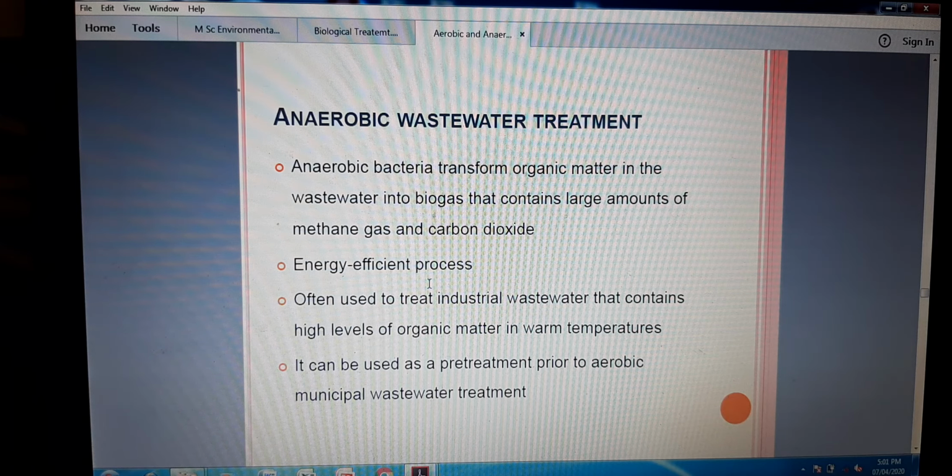It can be used as a pre-treatment prior to aerobic municipal wastewater treatment. Before using anaerobic wastewater treatment, you have to screen the waste through preliminary and primary treatment. Then you can use it in the anaerobic wastewater treatment.